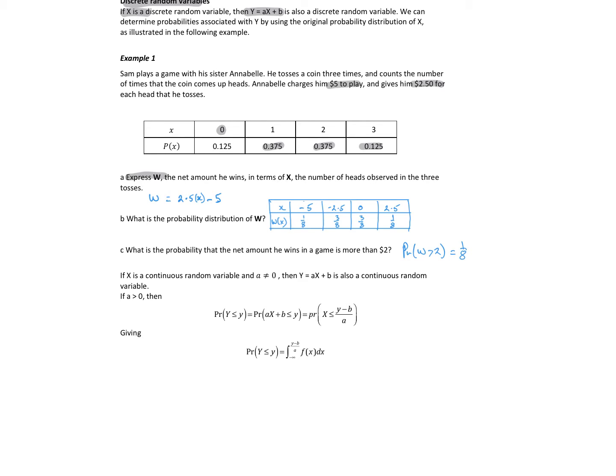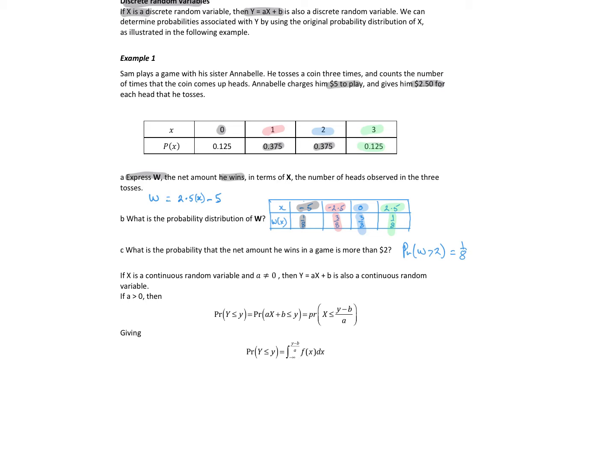If W is the amount that I win, with 0 heads I actually lose $5, and the probability of that is 1/8. With 1 head, I lose $2.50, and the probability of that is 3/8. With 2 heads, I come out square, with a 3/8 probability. 3 heads gives me a win of $2.50, with 1/8.